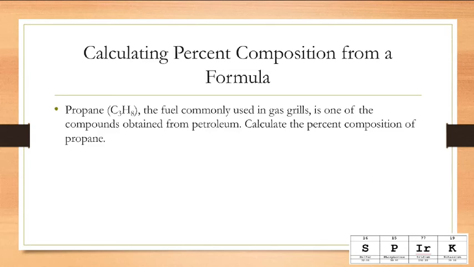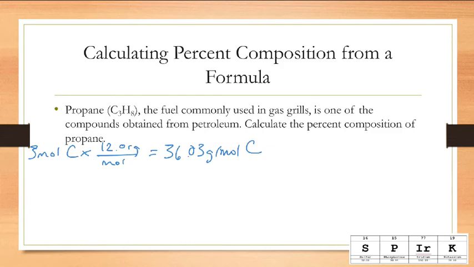So we need to determine the percent composition of carbon and hydrogen in propane. The first thing we need to do is determine the molar mass of this compound. Just like we did in the last section, we're going to take 3 moles of carbon times 12.01 grams per mole, because that's our molar mass of carbon, and we're going to get 36.03 grams per mole of carbon in this compound.